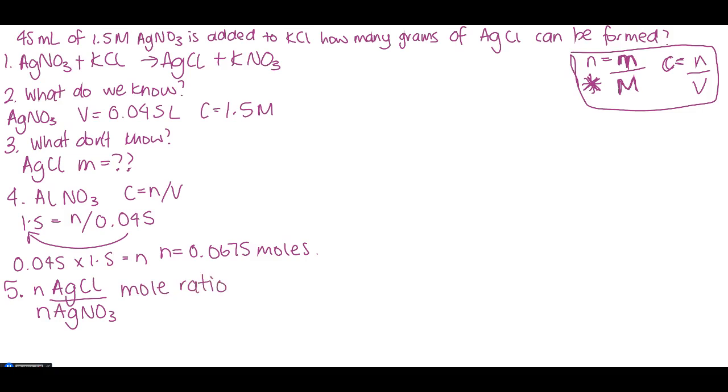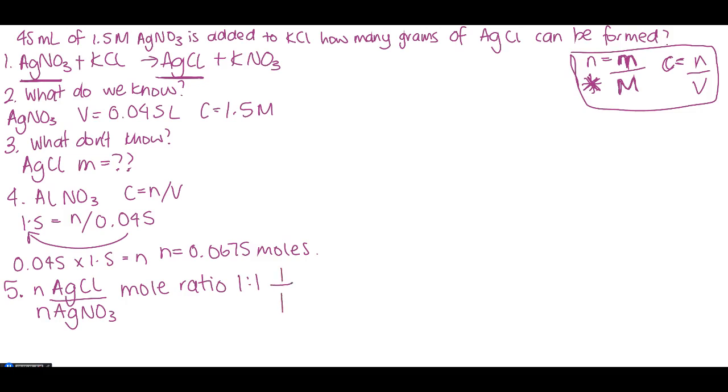If we have a look at our balanced equation, that's how we work out the mole ratio. We can see that one mole of silver nitrate is going to produce one mole of silver chloride. So we have a mole ratio of 1 to 1, or 1 over 1.